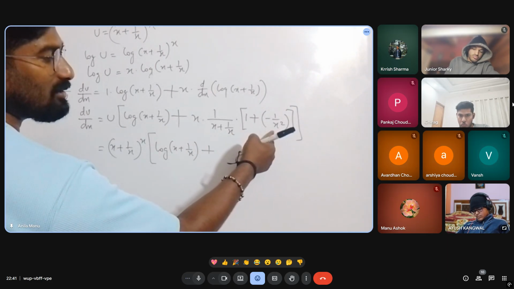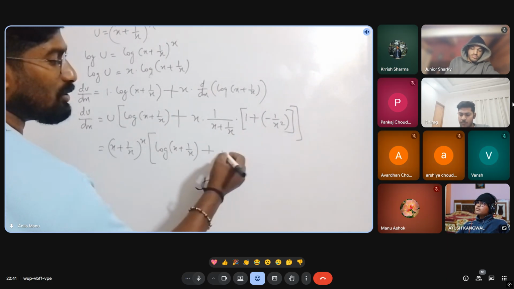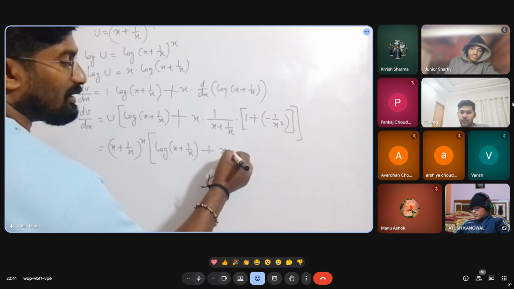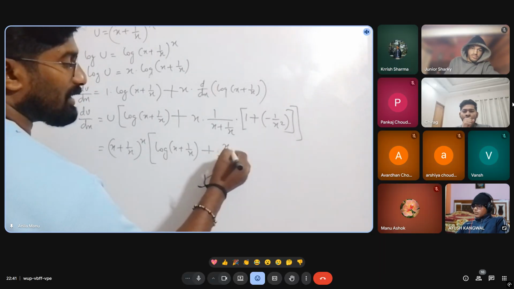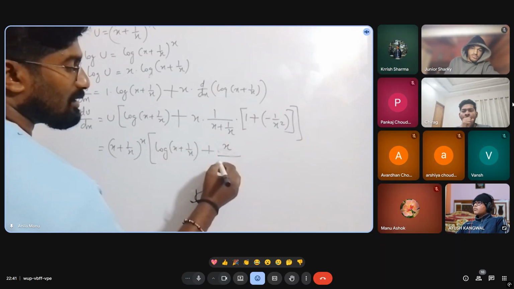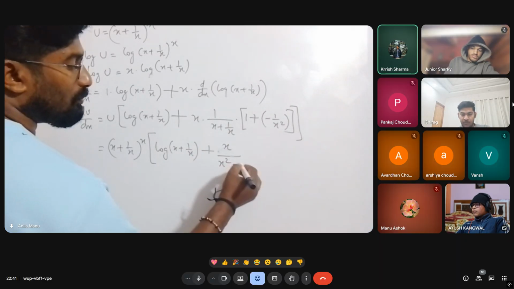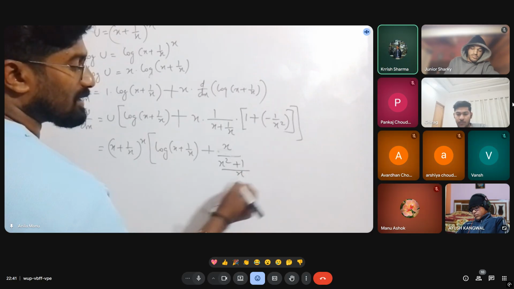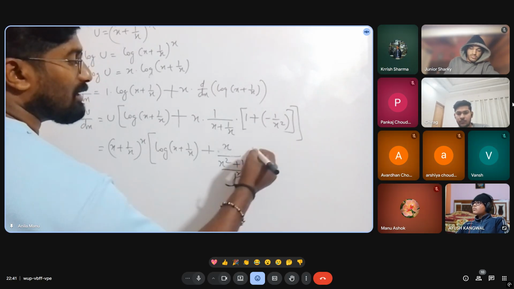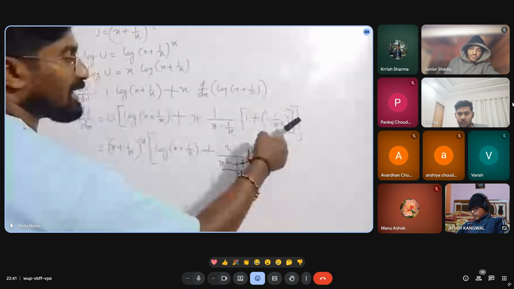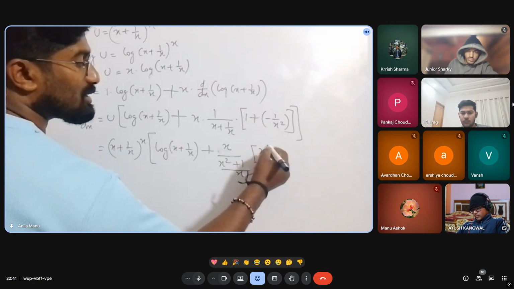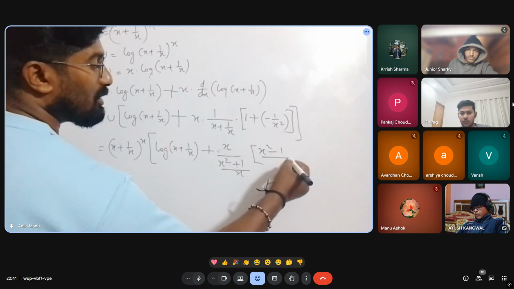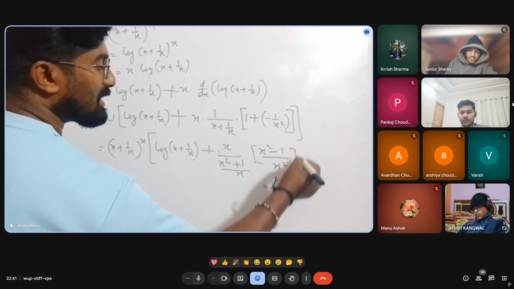So x divided by (x square plus 1) by x, plus 1 by x. Clear, right? Okay. Then into, this can be written as 1 minus 1 by x square, so (x square minus 1) by x square. Is it clear? Check it.